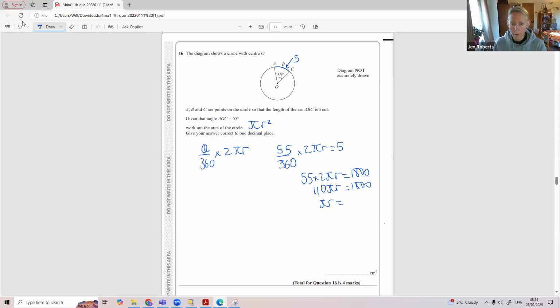So r equals 1,800 divided by 110 pi, which is 5.2.